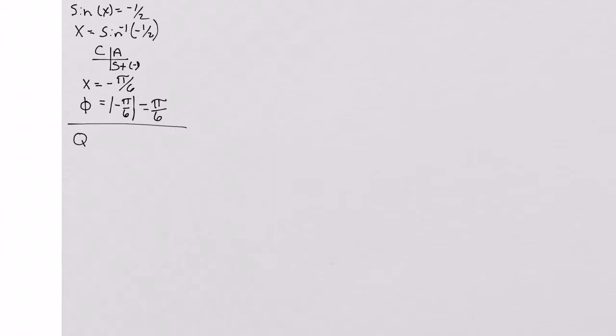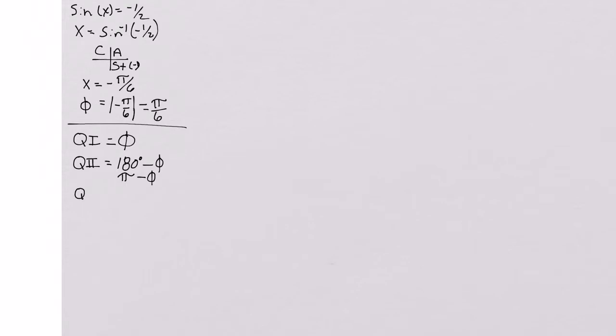If you need an answer in quadrant 1, it is just your reference angle. If you are in quadrant 2, you're going to do 180 degrees minus your reference angle, or pi minus your reference angle. Just depends if you're doing degrees or radians.